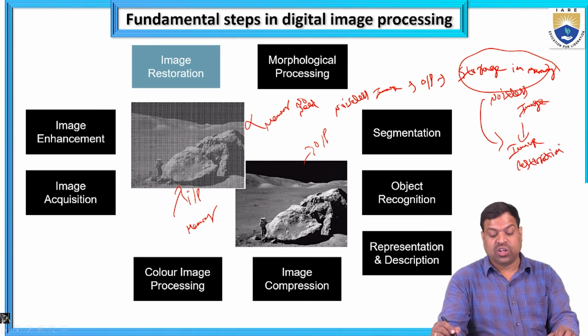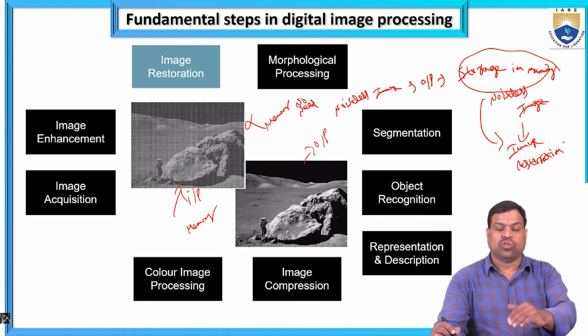Image restoration. The first image is there, that is the storing of the image. But there is no need of the input. Why? Because the first input is a noisy image, I converted it to a noiseless image, so I do not need to store the original image. The original image is removed from the memory, and the output image, the noiseless image, is stored in place of the first input image. That is called image restoration.